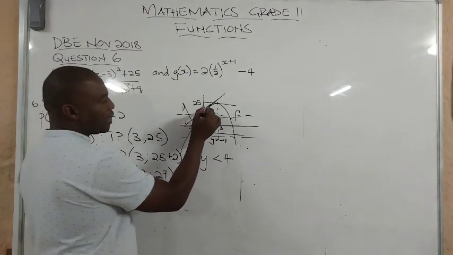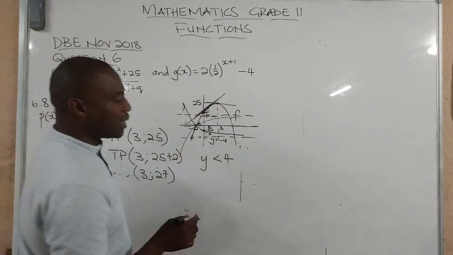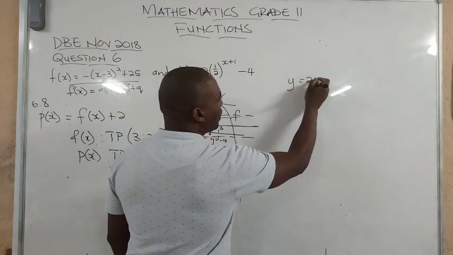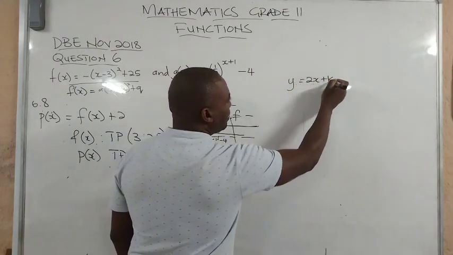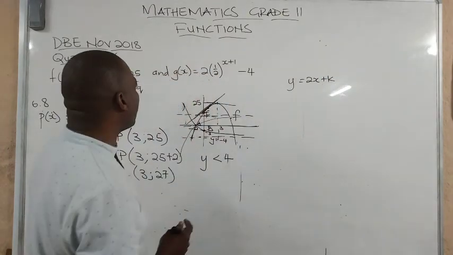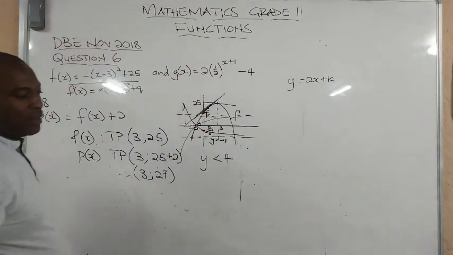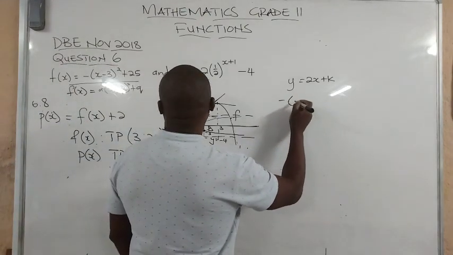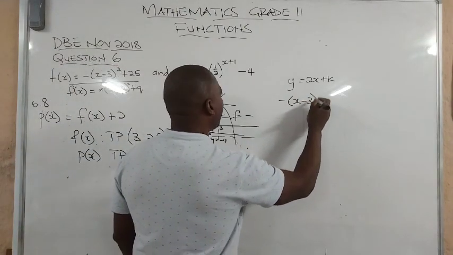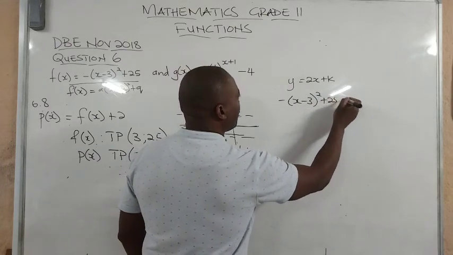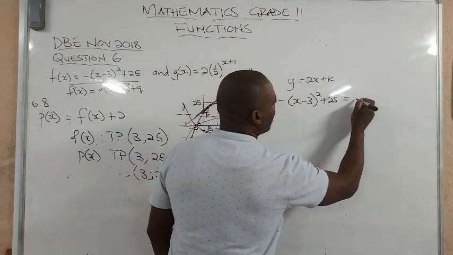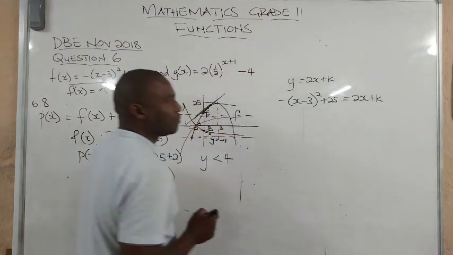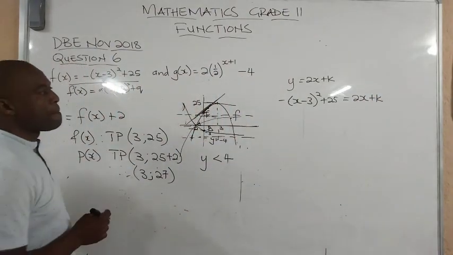So at this contact point, our y is equal to 2x plus k will be equal to f of x. So we are basically saying negative into x minus 3 squared plus 25 will be equal to 2x plus k at this point.